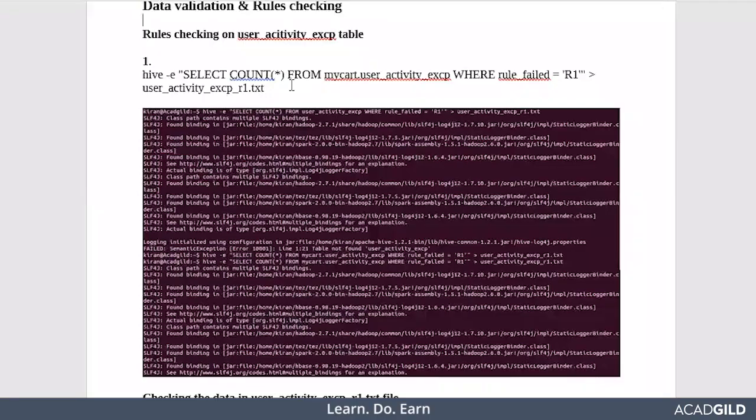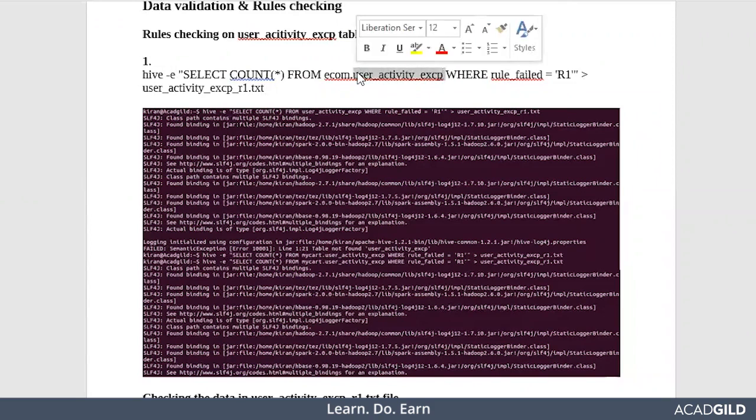So first we need to run this query from the terminal. Basically it is a Hive query wherein we are counting from the user activity exception table where rule failed is equal to R1. So how many records do not fulfill the rule R1?